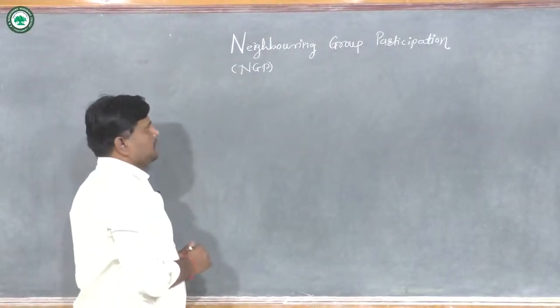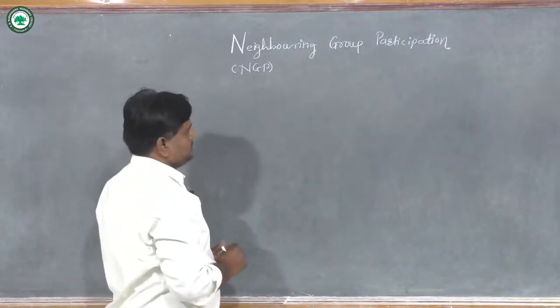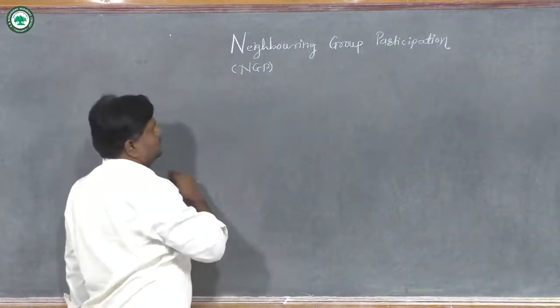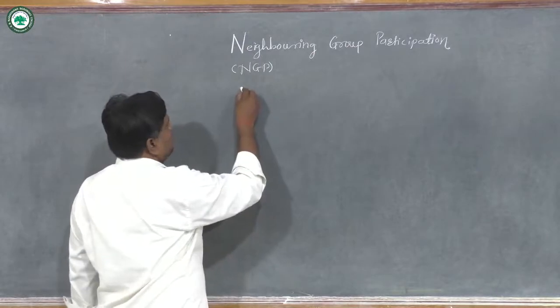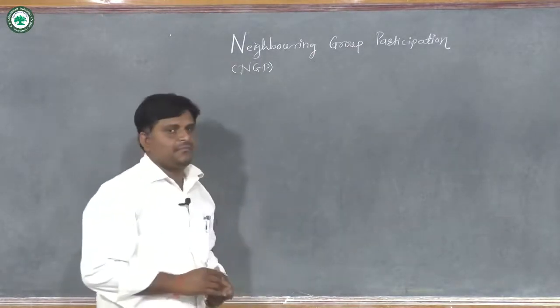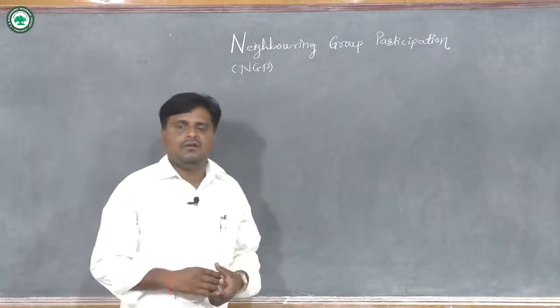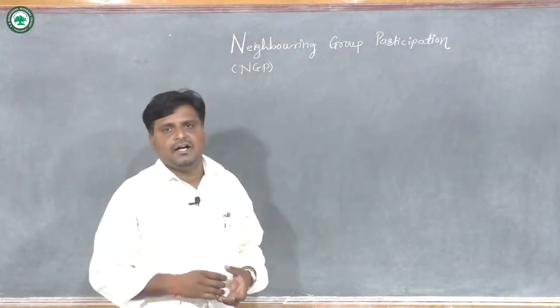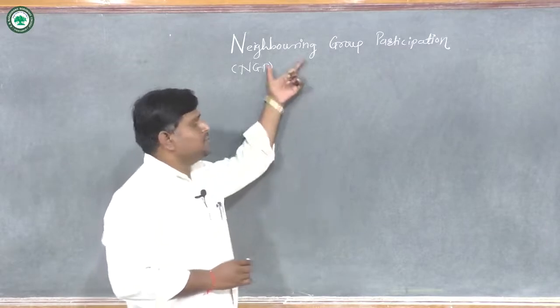In case of neighboring group participation, suppose we carry out methyl tosylate and neomethyl tosylate as an example for getting some idea about the NGP.